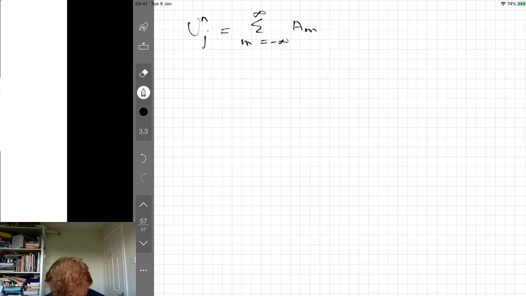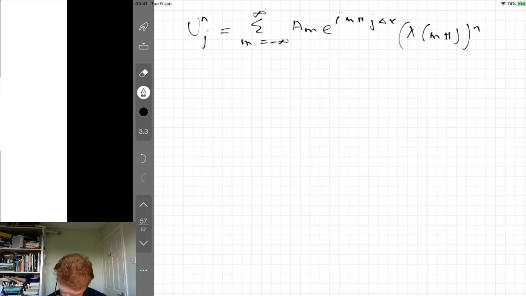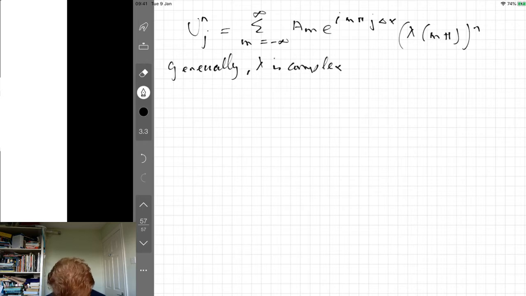We can introduce an amplitude. We get e to the power i m pi j delta x times lambda of m pi, so k is m pi, to the power n. Generally, and this is very important, lambda is complex. So lambda is the real part of lambda plus i times the imaginary part of lambda, with i squared is minus 1, as I said.